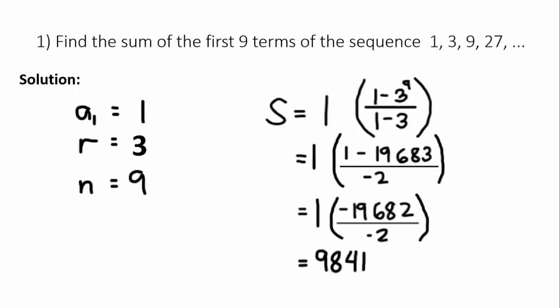Number 1. Find the sum of the first 9 terms of the sequence 1, 3, 9, and 27. The a sub 1 is 1, the common ratio is 3, the n term is 9.